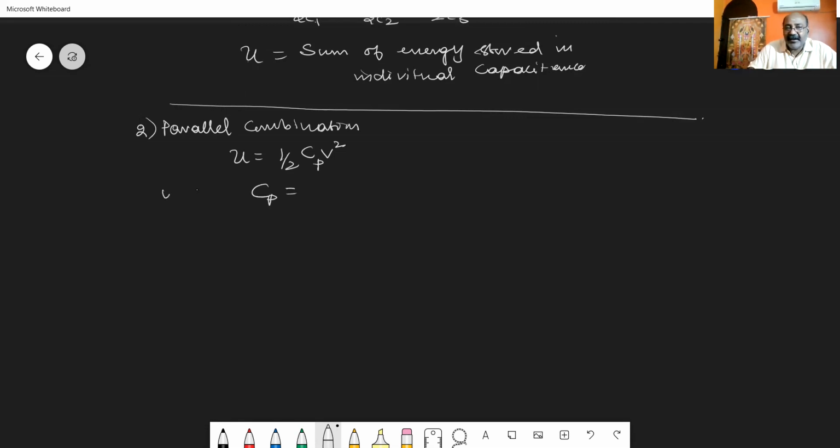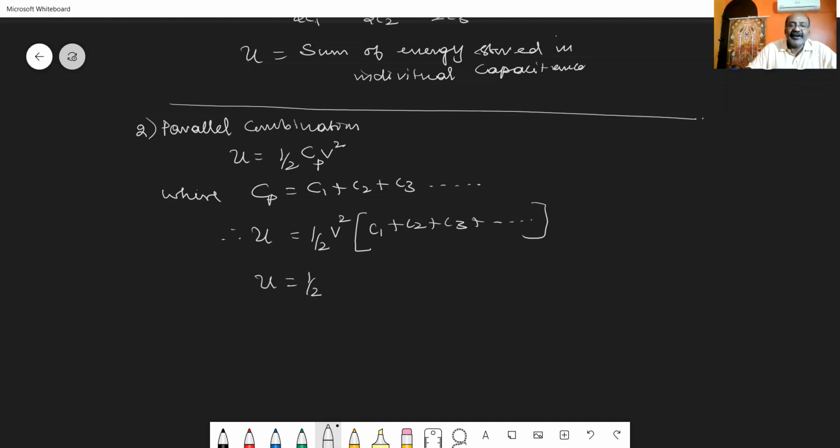We know that CP is equal to C1 plus C2 plus C3, etc. So the total potential energy is given by half into V square into C1 plus C2 plus C3 plus etc. So now epsilon is equal to half into C1.